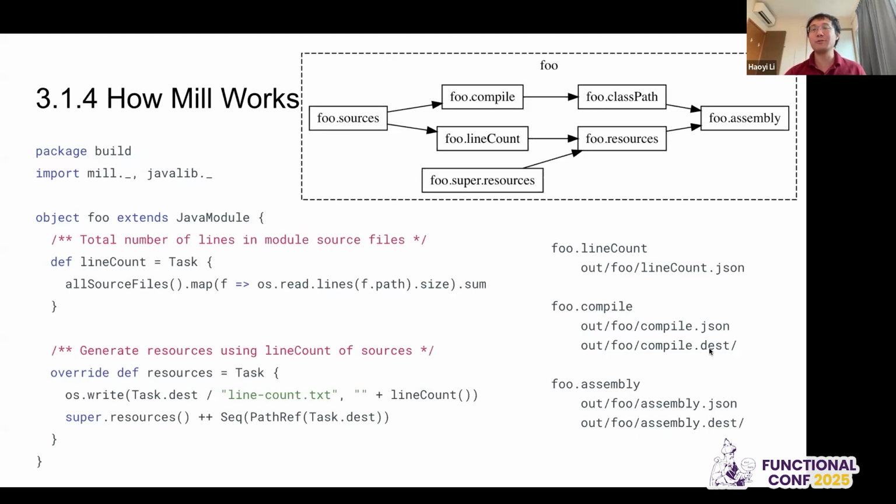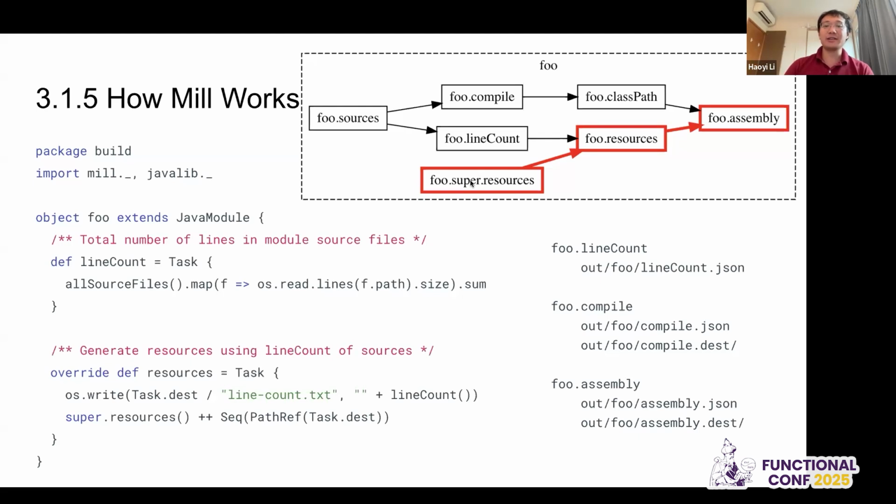Because as you know, most build tools work with files on disk. So although files are technically I/O and not quite pure functional, we need to manage them. And so we give you a nice folder for you to manage them and put them in. And because the tasks are pure functional, Mill can intelligently do incremental rebuilds.